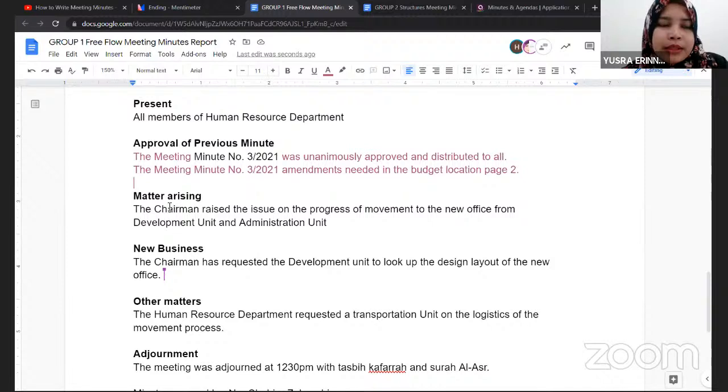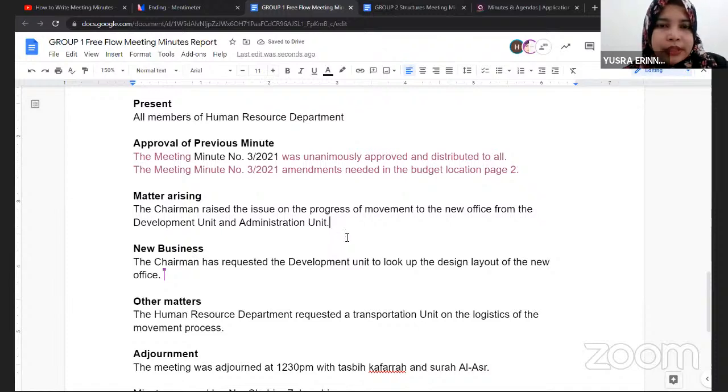Matter arising. The chairman raised, very good, the issue on the progress of movement to the new office from the development unit and the administration unit. Only the chairman raised the issue.